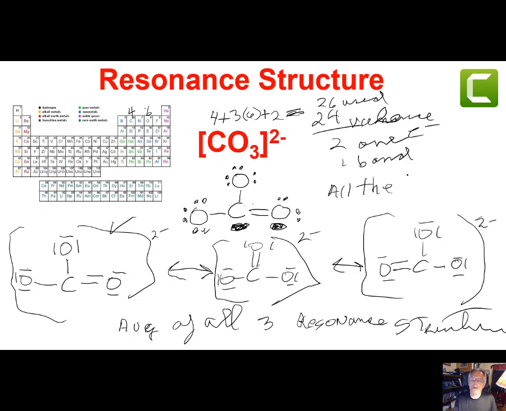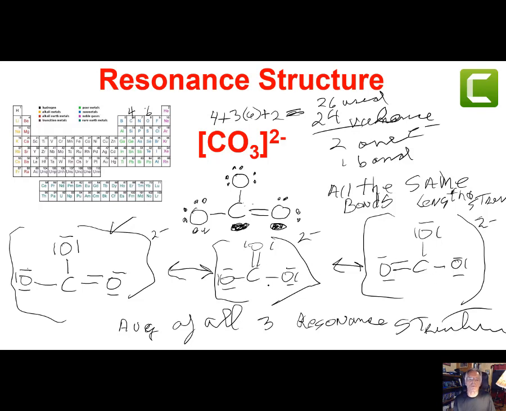They're the same length and the same strength. One isn't different from the other. That's because what we have here are resonance structures, and there are 3 different resonance structures.